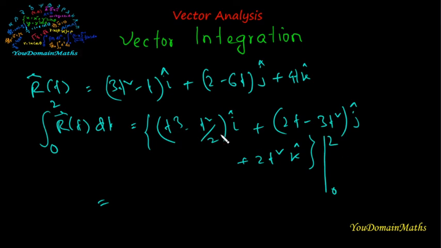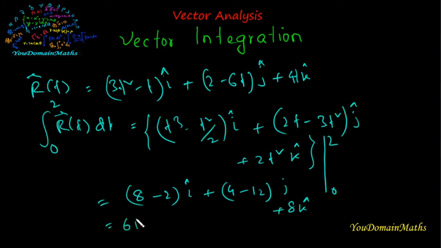For i, that means 8 minus 2, which is 6. For j, 4 minus 12, which is minus 8. Similarly for k, 4 times 2, that means 8. So the result is 6i minus 8j plus 8k.